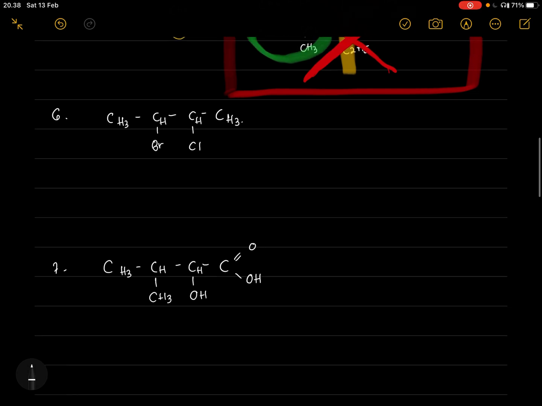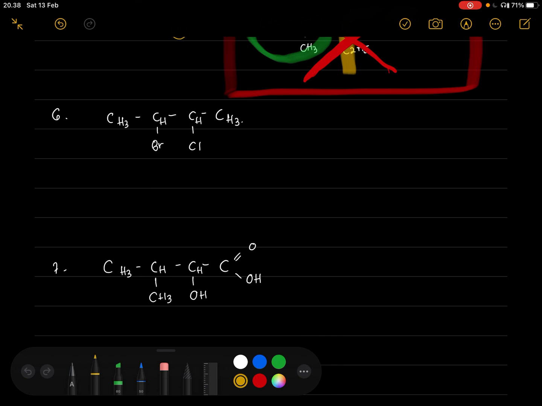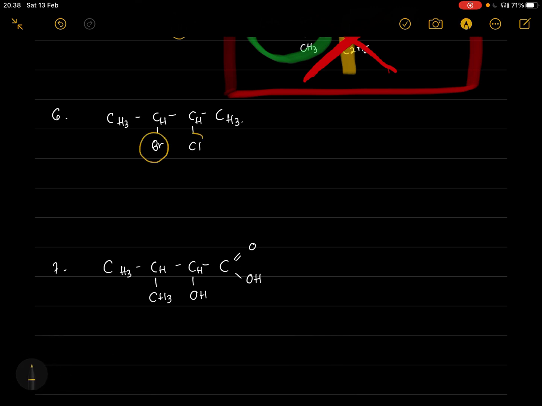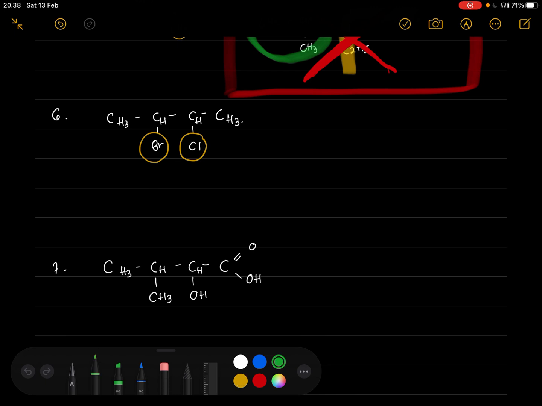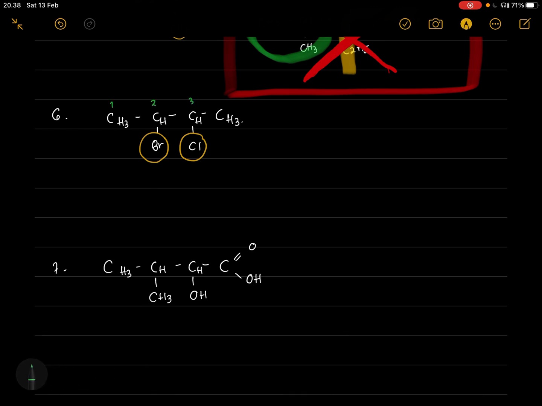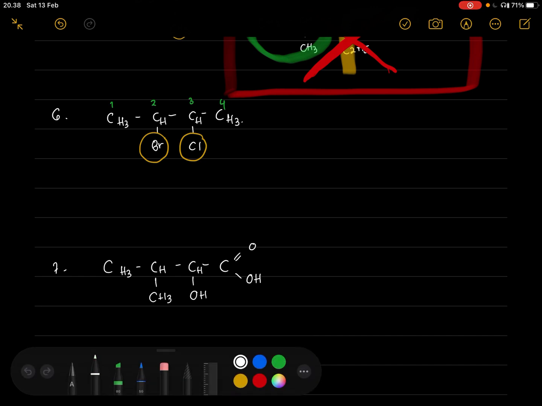So we have the Br, and we also have the Cl. All right, we have the Br and Cl, and the numbering can be from any direction. The naming still follows the alphabetical order.